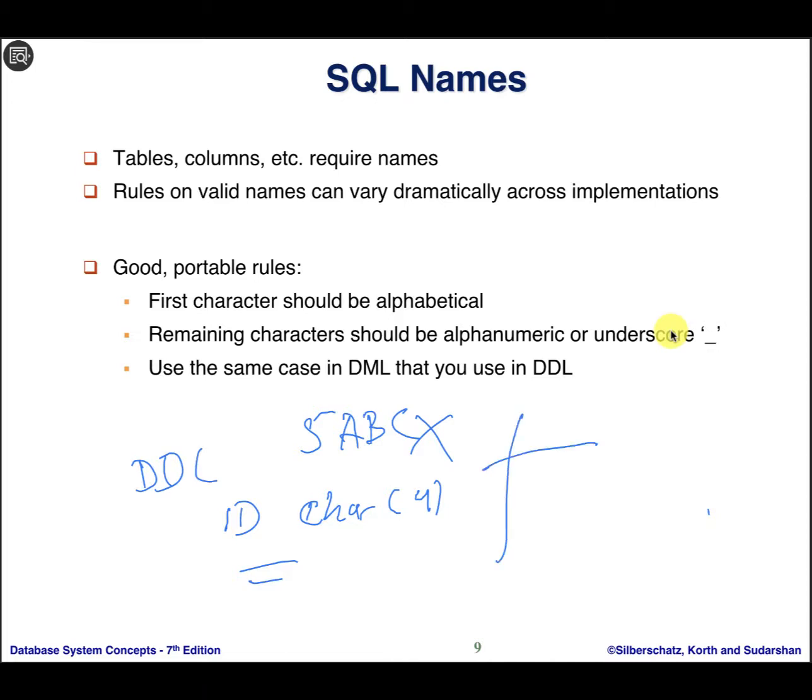Later, when you try to access the ID, you're going to say select, for example, ID. We said it's case insensitive, but to make sure we don't have any issues if you migrate my system to another database management system, try to use the same case that we used when we created the schema. If you use uppercase, use uppercase, just to be on the safe side. Clear?